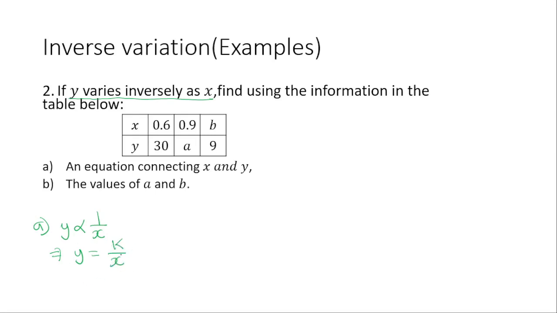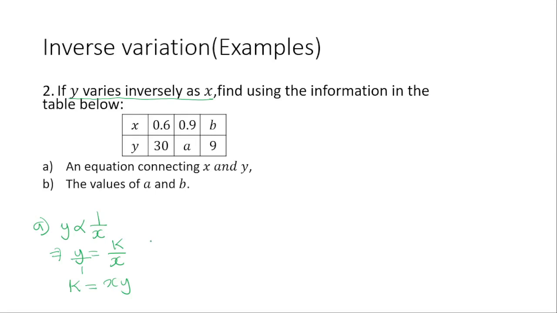This is a general equation. So we need to look at the table of values and use it to find the value of k. We know that the value of k is simply found by cross multiplying, so k will be equal to xy.